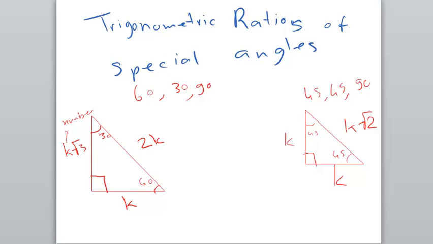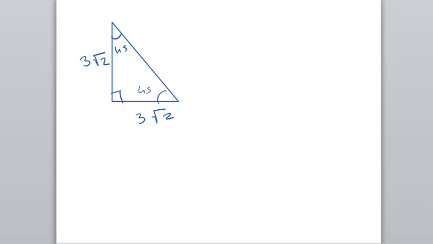Let's say, for example, let's open a new page. We have this triangle. This is equal to 45, and this also is equal to 45. This side is, for example, 3 root 2, and this is equal to 3 root 2 as well. We must find the x.